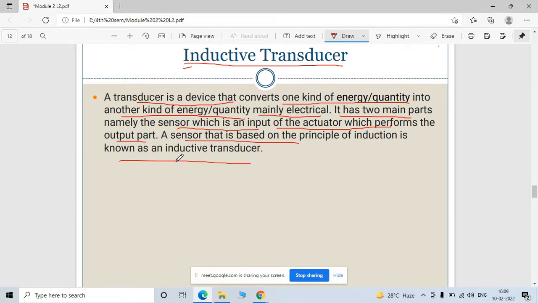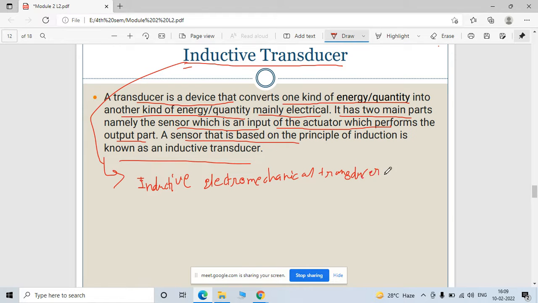An electromagnetic, or inductive, electromechanical transducer is a device that converts physical motion into a change in inductance.